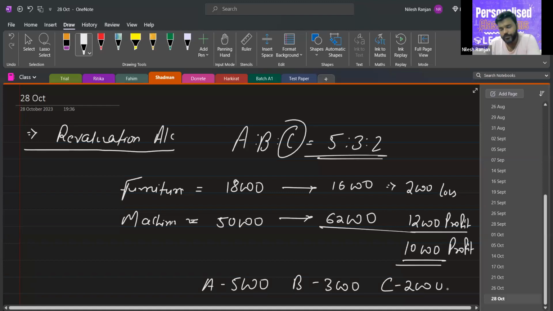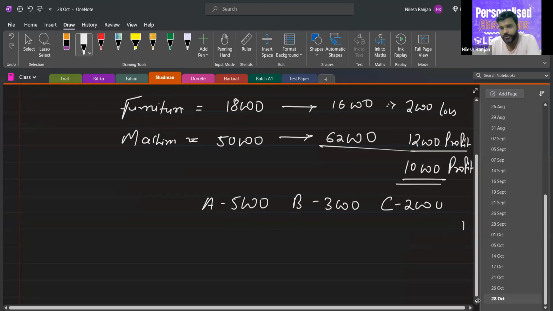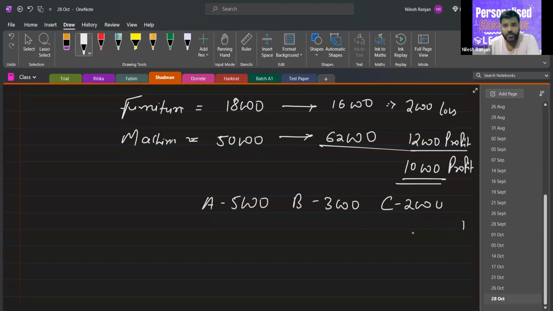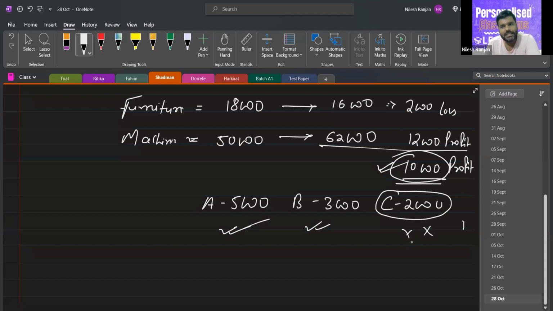Now, if we don't calculate this revaluation profit right now at the time of retirement, and let's say after 1 year of C's retirement we calculate this profit, then this profit will be distributed between A and B only, not C. So will C agree with this, that he will not take any share?